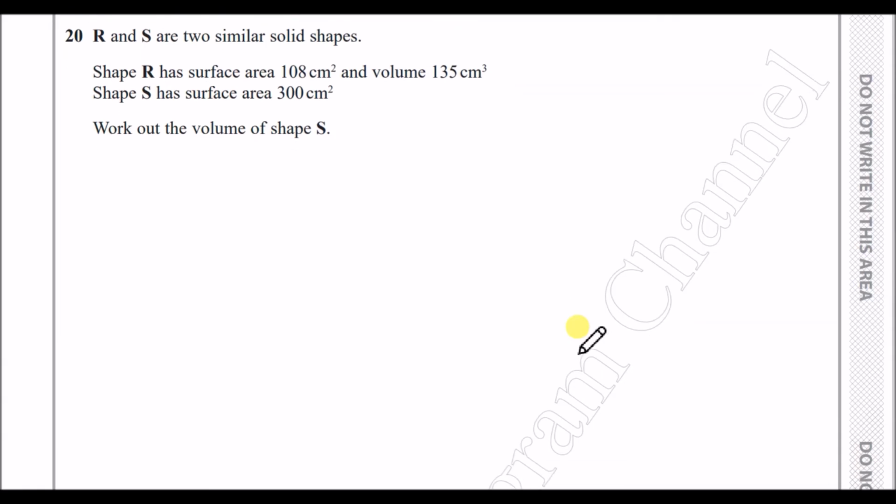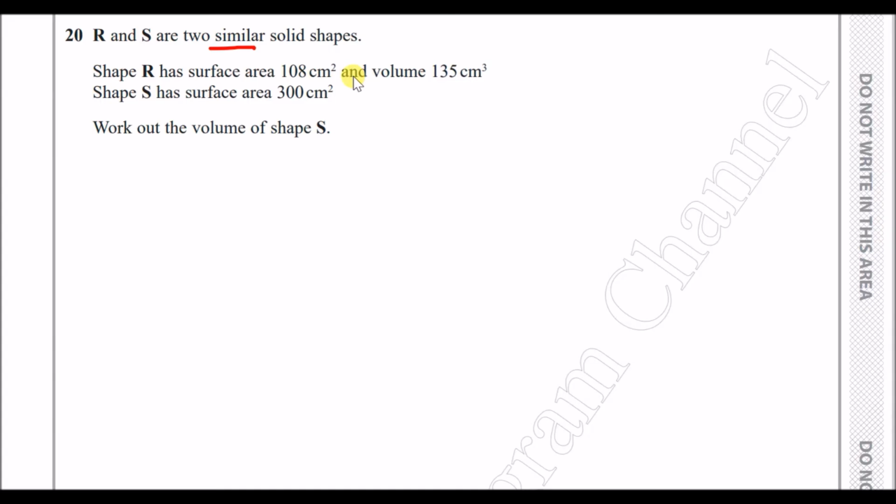Question 20. Okay, so R and S are two similar solid shapes. Similar means they are in proportion, okay? So if R was a certain size, S would be proportionally bigger or smaller than that, but still have the exact same sort of shape. Now, shape R has a surface area of 100 centimeters squared and a volume of 135.